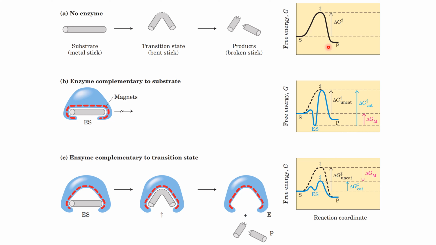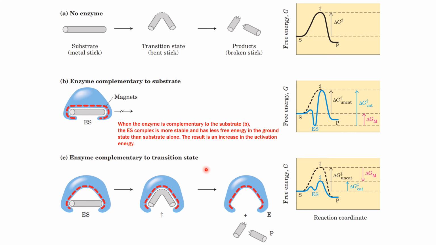And if the enzyme is complementary to the transition state, that is the perfect situation, and what we need is that the enzyme is complementary to the transition state. Now, when the enzyme is complementary to the substrate, the ES complex is more stable and has less free energy in the ground state than the substrate alone. The result is an increase in the activation energy. That is what I have discussed with you.